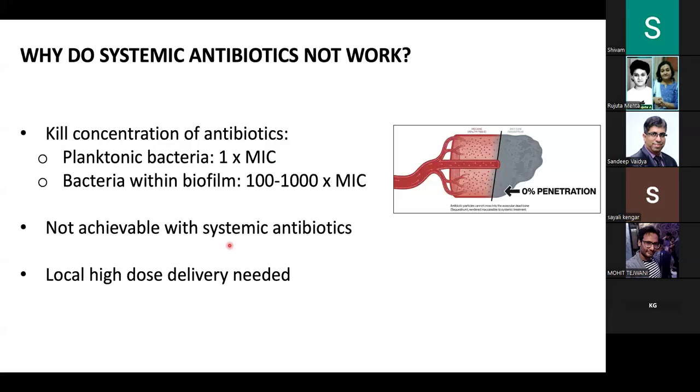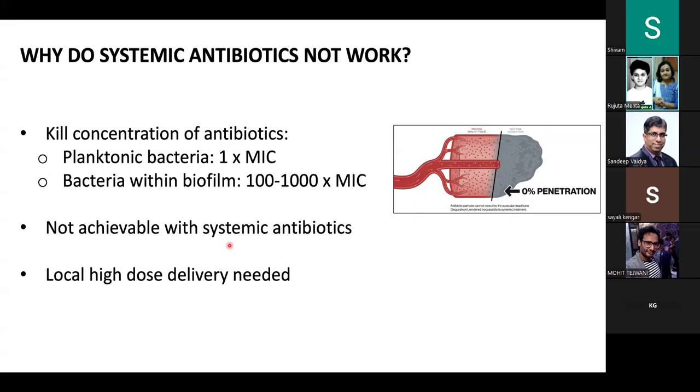What is most important to understand is that a very high concentration of antibiotic is needed to kill bacteria within a biofilm. If the bacteria are free, that is, planktonic bacteria, which we see in acute osteomyelitis, suppose the antibiotic concentration that is needed is 1 MIC. On the other hand, if the same bacteria are within a biofilm, then you require a concentration of antibiotic almost 100 to 1000x.